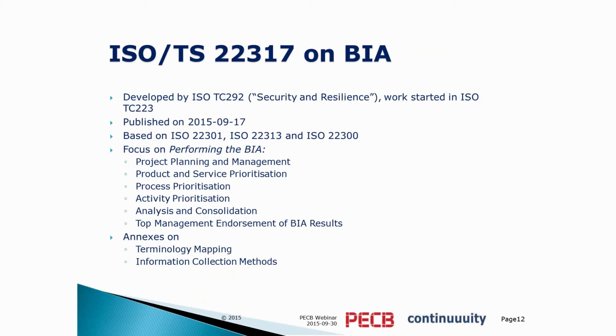So we start, in a certain sense, bottom up, and come up with a great range of wishes and requirements, and consolidation and top management endorsement in most cases will cut it back to a level which is acceptable for the company.